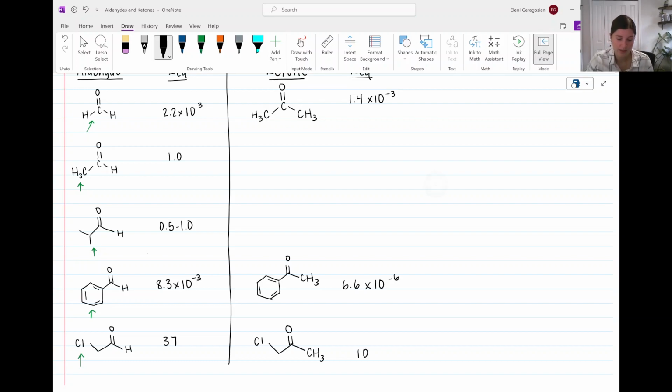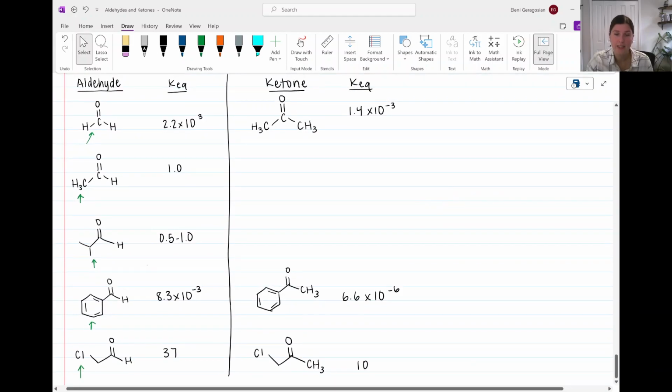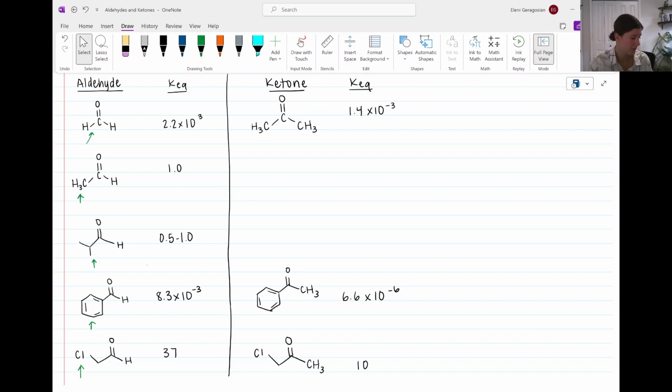So with this table, these are some example KEQ values to help us understand the effect of electron donating and electron withdrawing substituents on nucleophilic addition reactions.